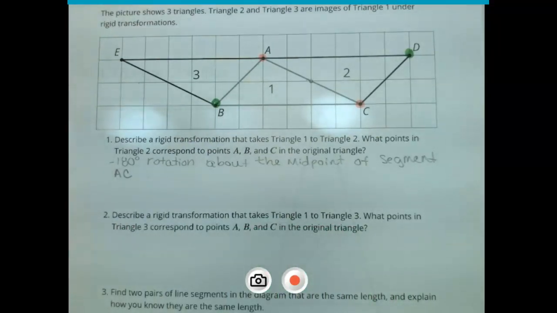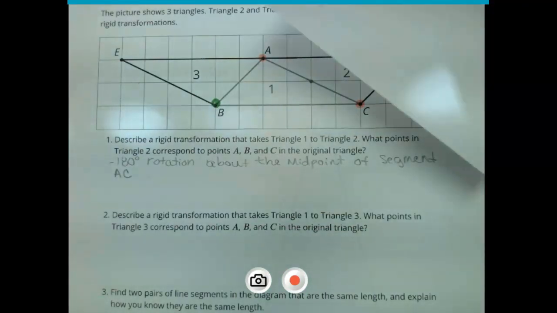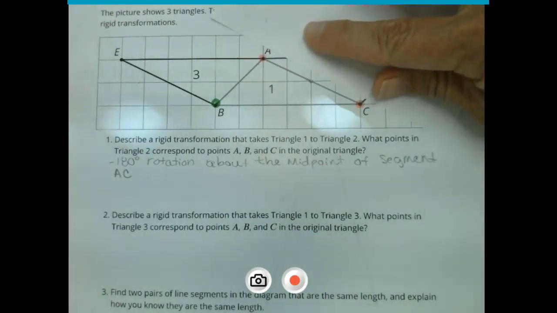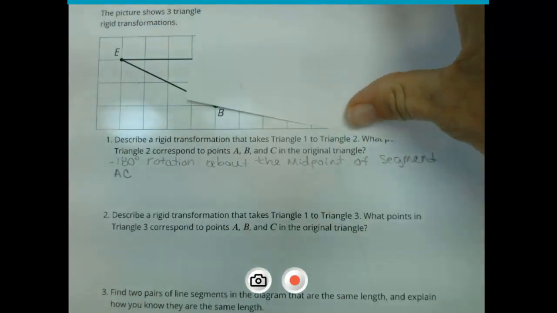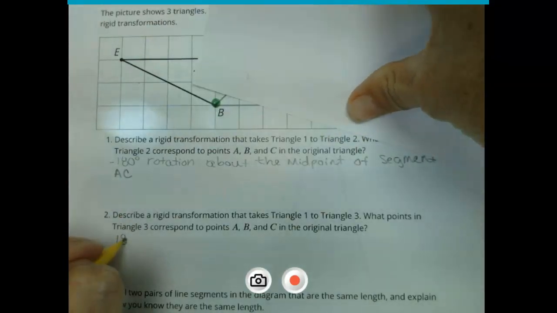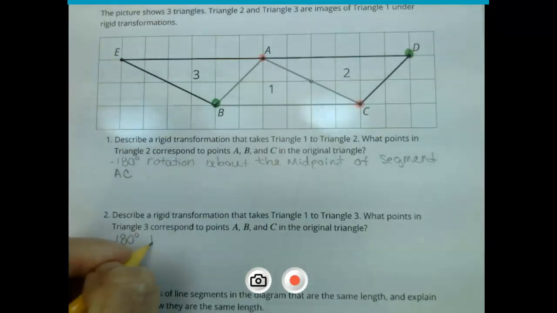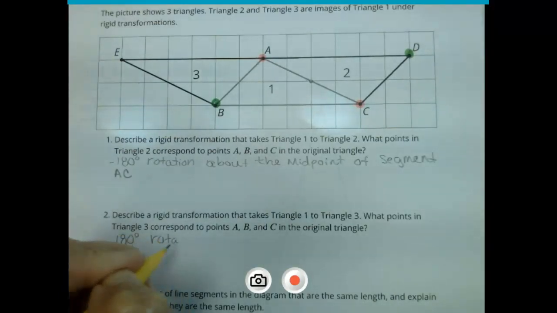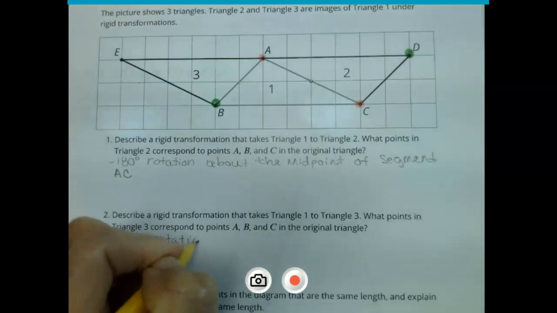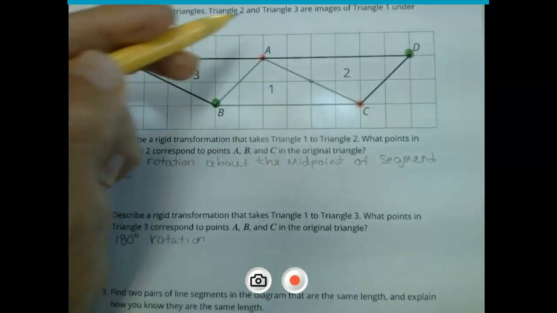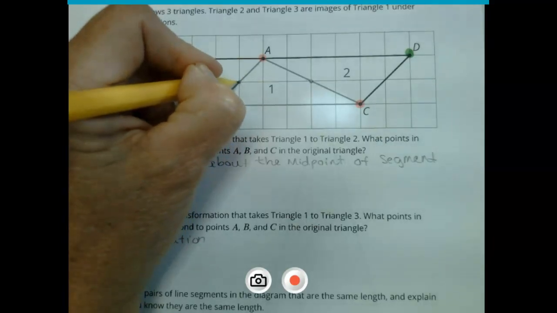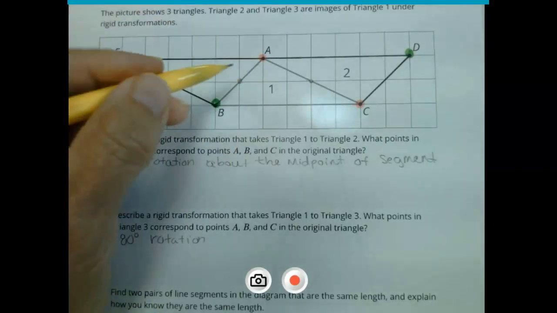Okay, so if you look at triangle 1 and triangle 3, guess what shape that is? Yeah, it makes another parallelogram, so it's going to be another 180-degree rotation. Only this time, I'm going to use AB right here, and I'm going to say my midpoint's right here to rotate it around the midpoint.